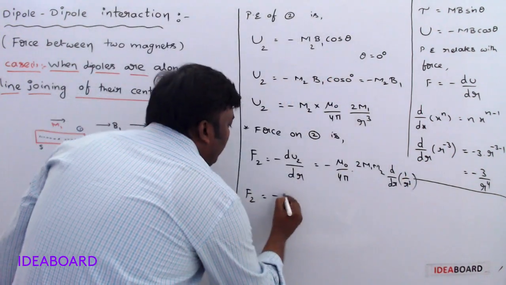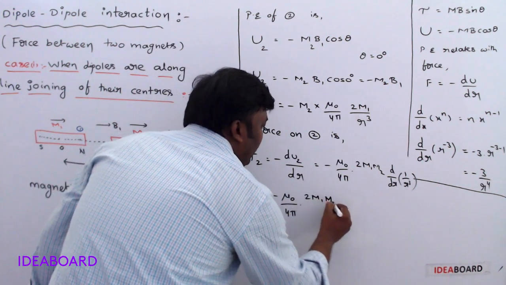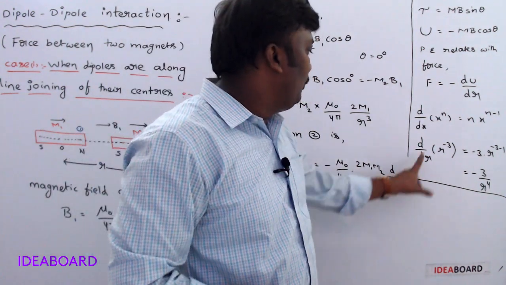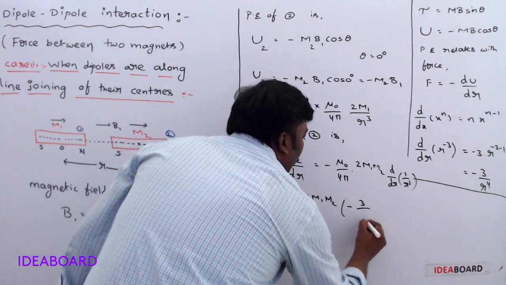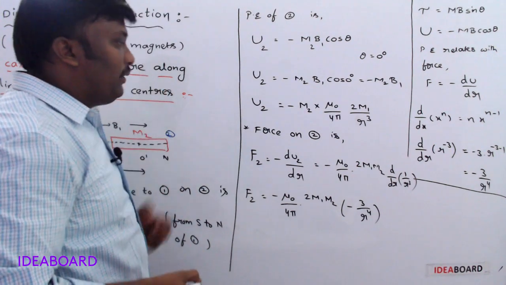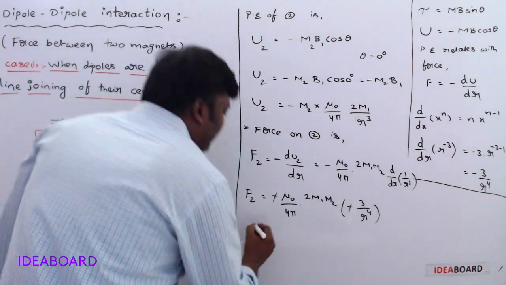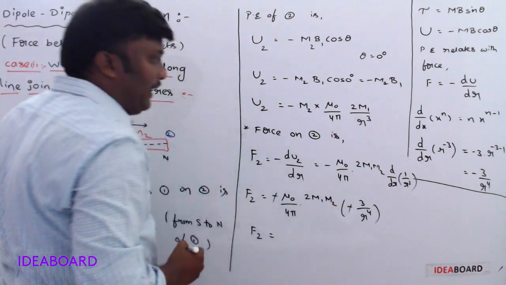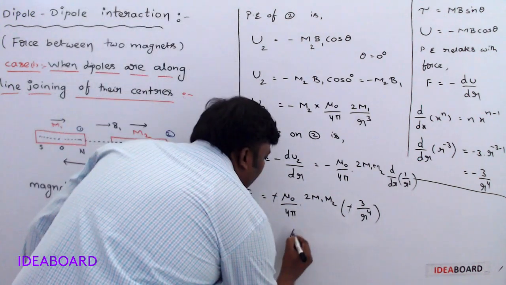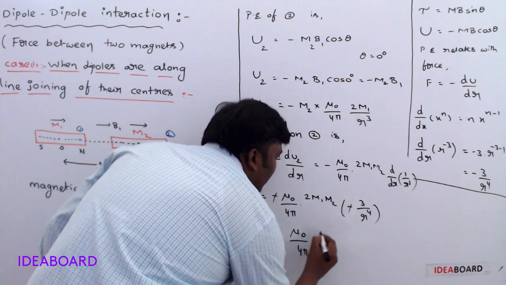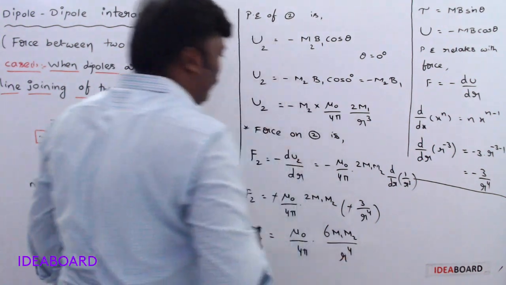So F2 is minus mu naught by 4 pi 2 m1 m2 times the differentiation of 1 by r cube, and the differentiation of 1 by r cube is minus 3 by r power 4. Now these minus signs cancel, and we get F2 as mu naught by 4 pi 6 m1 m2 by r power 4.